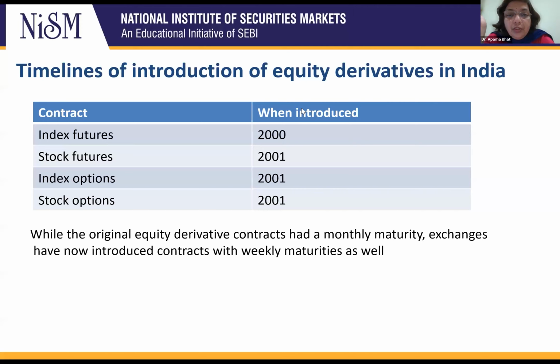All these original contracts had a monthly maturity, so they had 1 month, 2 month, and 3 month contracts. But recently, from 2016 and 2019, exchanges have introduced weekly contracts as well. So now there are weekly options on Bank Nifty, Nifty and so on, available for weekly maturities as well.